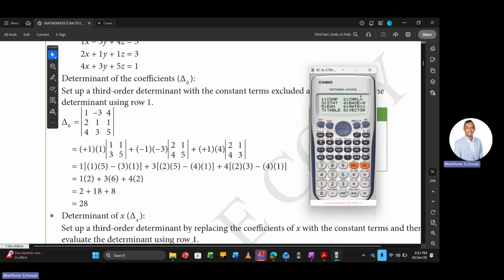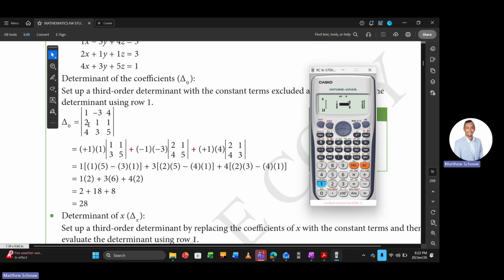You go to mode, you go to matrix again, and this is matrix 1. In this case, you're going to go 3 by 3, right? So 3 rows, 3 columns. Okay, you just click on number 1, and we just populate the matrix. So it's 1, -3, and then 4.